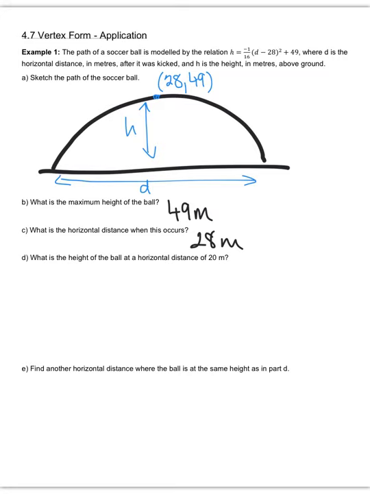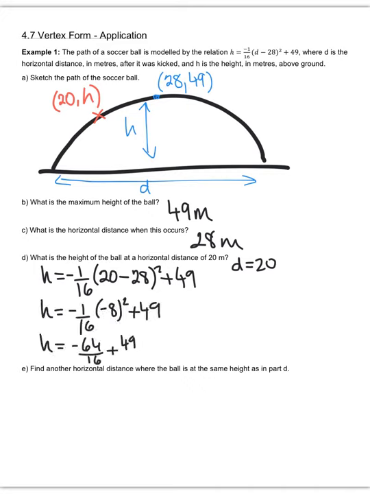So part D asks, what is the height of the ball at a horizontal distance of 20 meters? So really what this is asking is when d is 20 meters, so at this point right here, what is the h value? So the way to do this is just like you would in any other equation. You're going to sub in d as 20 and solve for h.